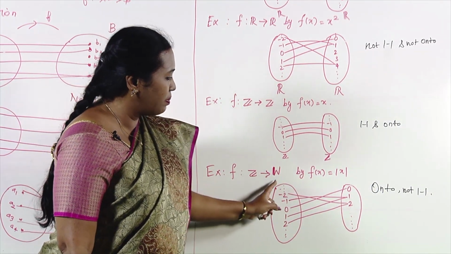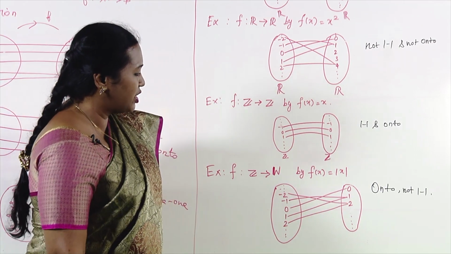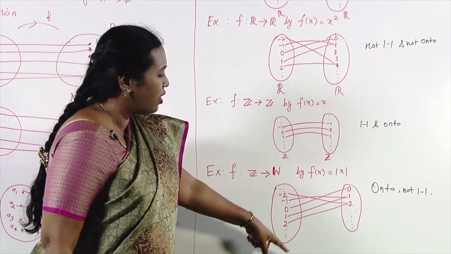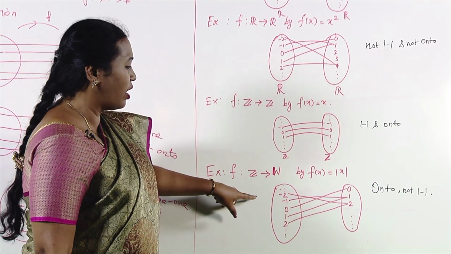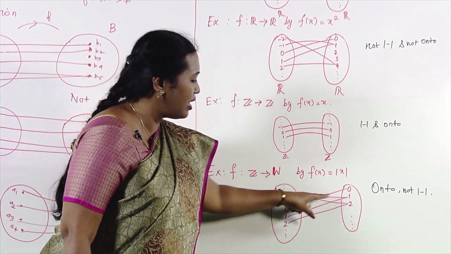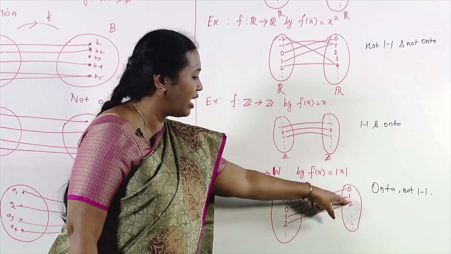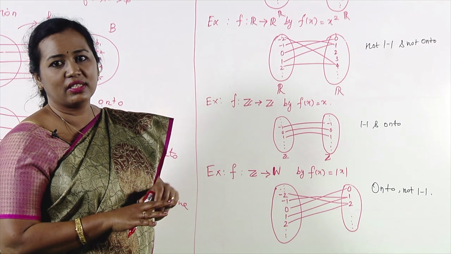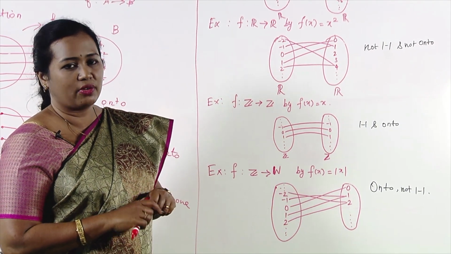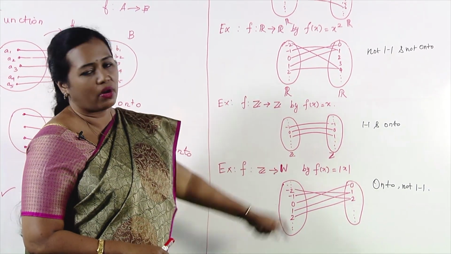So all the negative numbers are being mapped onto the positive versions of themselves. So every element is going to have a pre-image but not 1-1. So there is no uniqueness. Can you see that these two have the same image here? So when two elements have the same images, naturally 1-1-ness is removed. So onto but not 1-1.